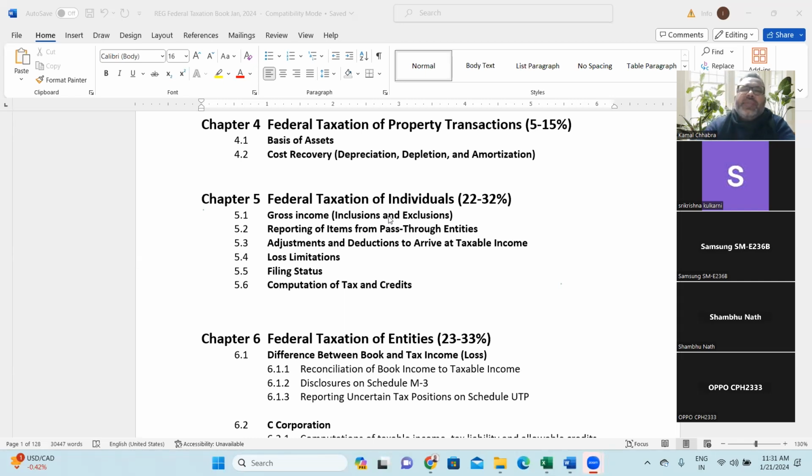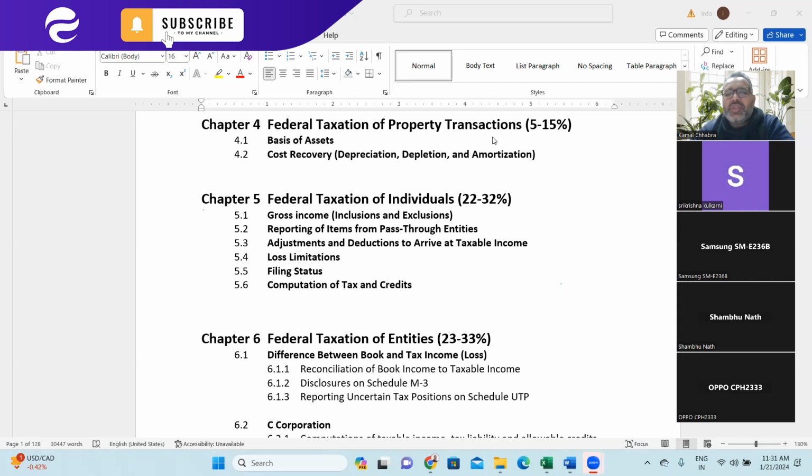Depreciation is for property, plant and equipment. Depletion is for whom? Any idea? For natural resources. If there is any coal mine or oil and gas industry, they will use the depletion method. Amortization is for intangible assets. We will be discussing that in detail only from the tax angle, not from the book angle. In cost recovery, specifically depreciation, the method in the US is completely different from India.